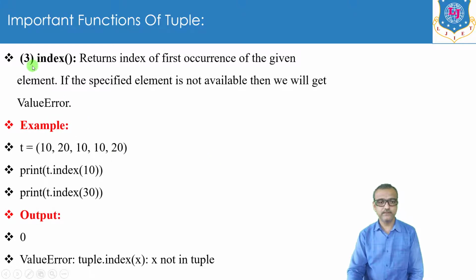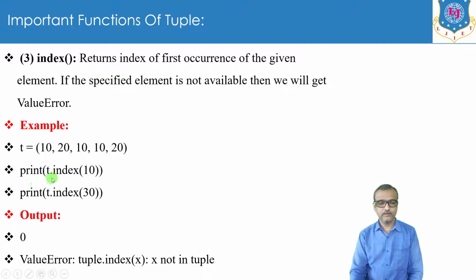Now we have the next function, that is the index function. Now what will this function do? It returns the index of the first occurrence of the given element. If the specified element is not available, then we will get a value error. I will make you understand this concept with the help of an example. We have created one tuple T, and in this tuple T we have these elements, that is 10, 20, 10, 10, 20.